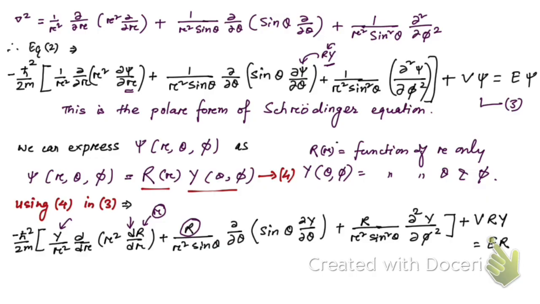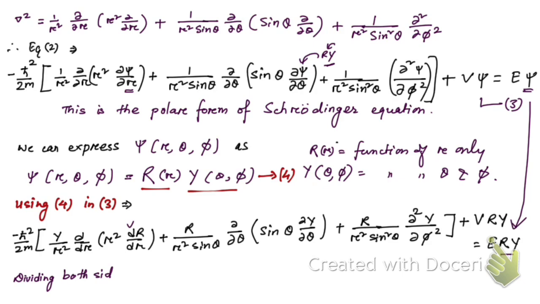So now what we're gonna do here, let me show you. Let us divide. Here we have replaced this psi by ry. There is already e, then psi is replaced by ry.